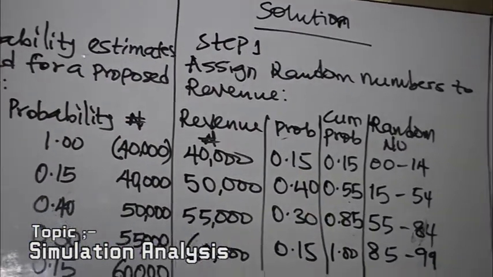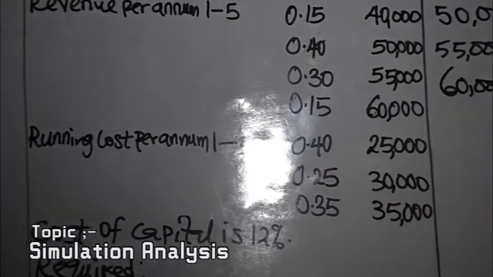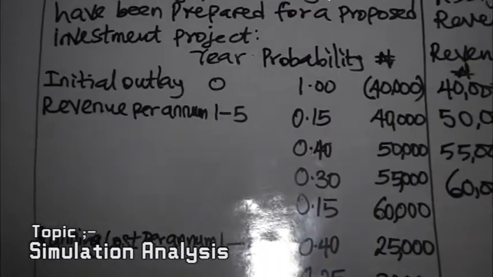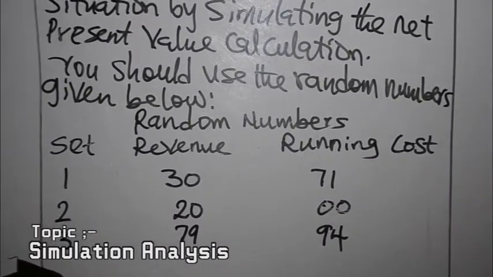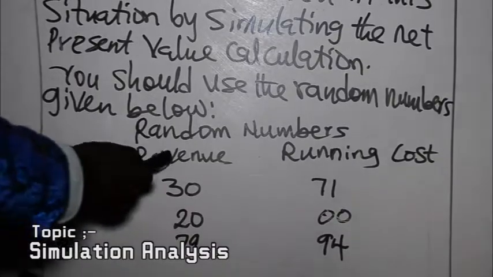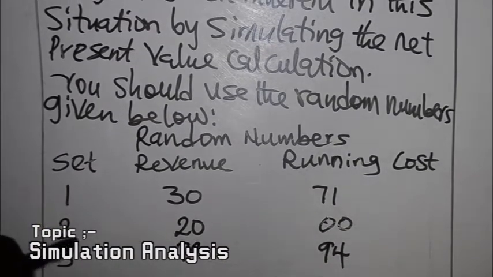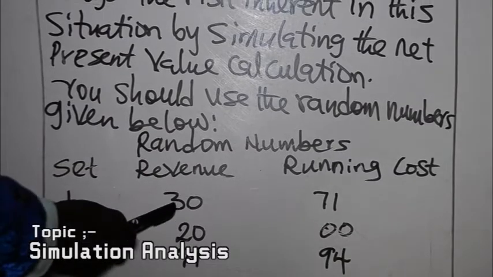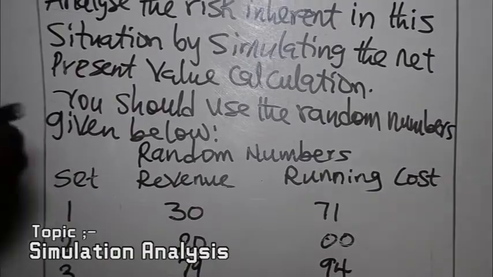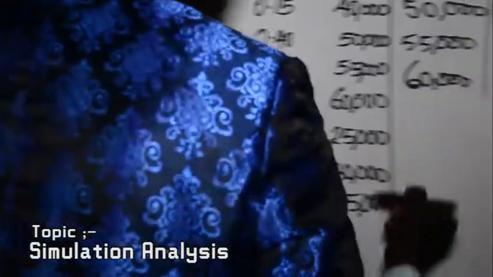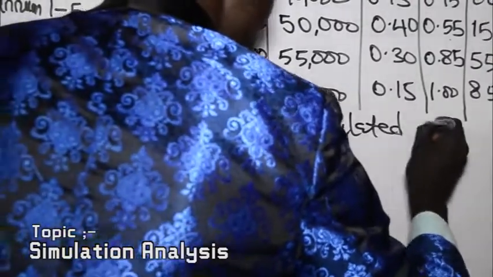Now, back to the question. You are given the random numbers for 3 sets of cash flows. You have the random number associated with revenue for set 1, set 2, and set 3, where we have 13, 20, and 79. Now, let's have the simulated revenue.